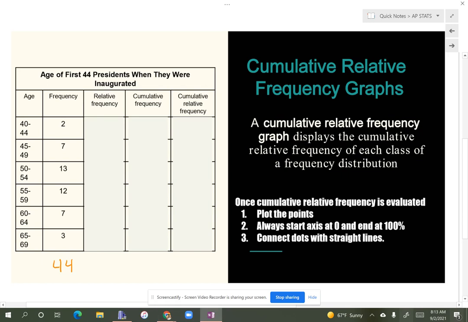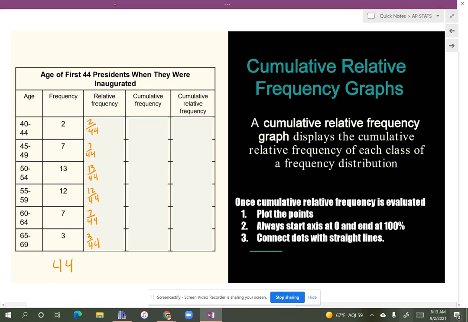And of that 44, we're going to do some major calculator work here. We're going to figure out the relative frequency. So this would be 2 out of 44, 7 out of 44, 13 out of 44, 12 out of 44, 7 out of 44, and 3 out of 44.